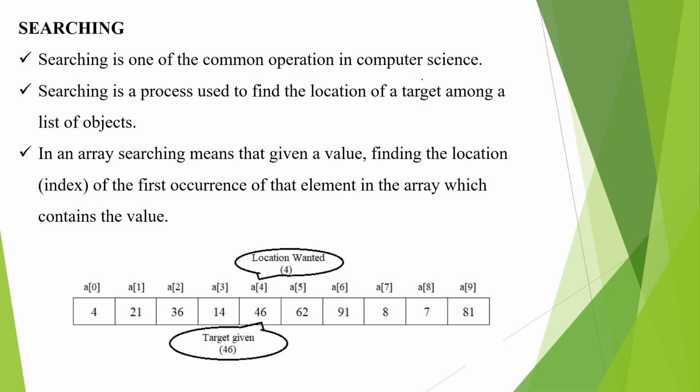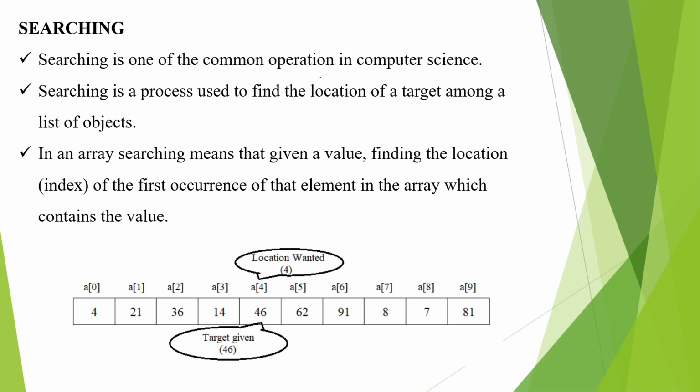The concept is very simple. A list of elements, like an array of elements, will be given to you, and you need to apply a suitable searching technique to locate a particular item. Consider the example of this list.